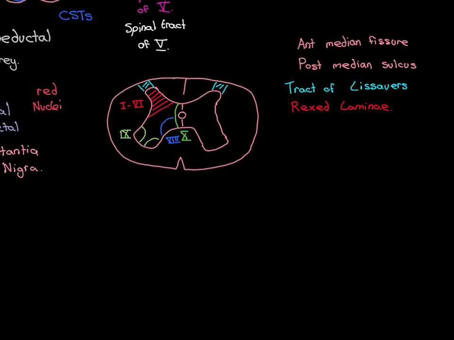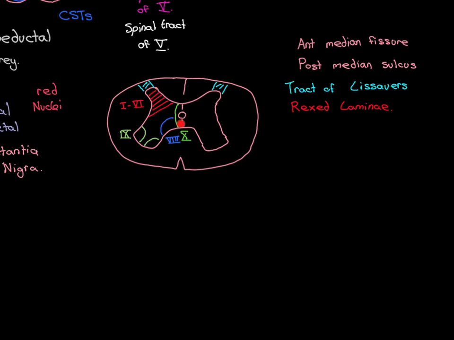So remember, and these Rexed laminae, by the way, you can apply these to the grey matter of the spinal cord all the way along the spinal cord, not just to the cervical level, and all the way along you're going to have motor neurons, which are multipolar neurons with their cell bodies sitting in the ventral horn, sending their axons out through the ventral root of a mixed spinal nerve, and they're in this Rexed lamina number 9.